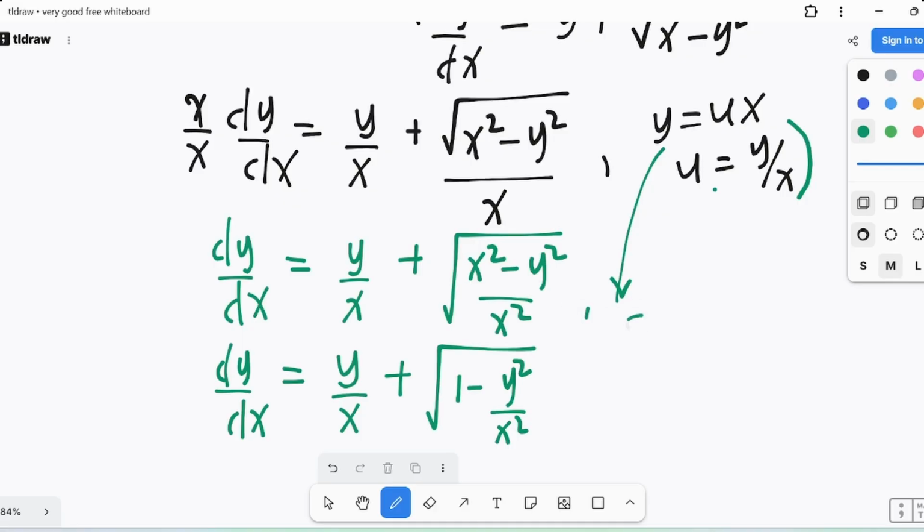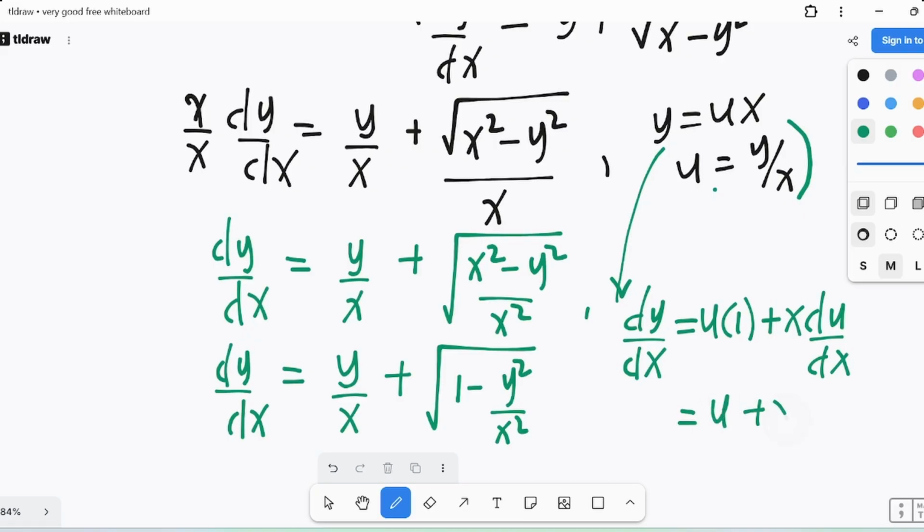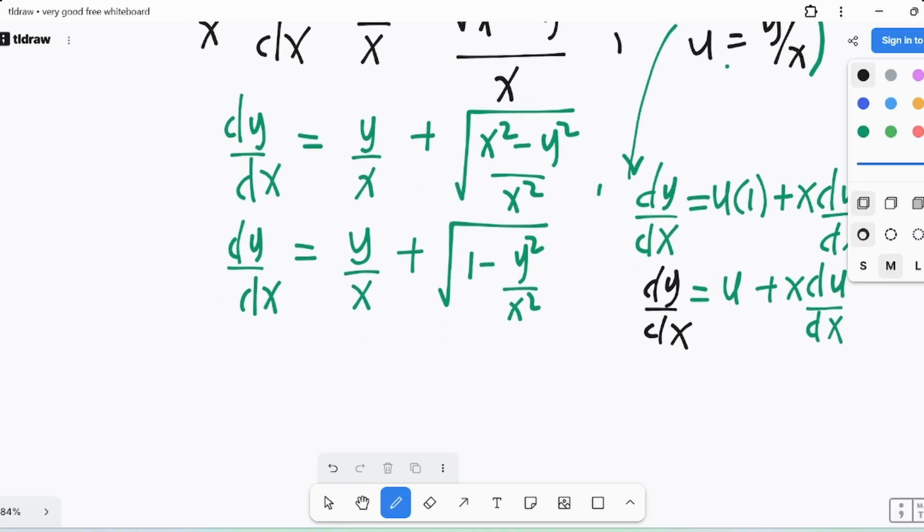And this our y, we have to differentiate it. So we differentiate it, our dy by dx is actually equal to u into 1 plus x du dx. Simplifying it finally, we have our u plus x du dx. Now, after getting this dy by dx, we are going to substitute it there and the value of u.